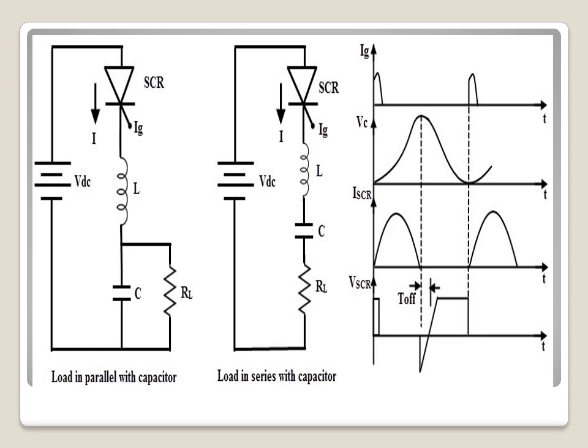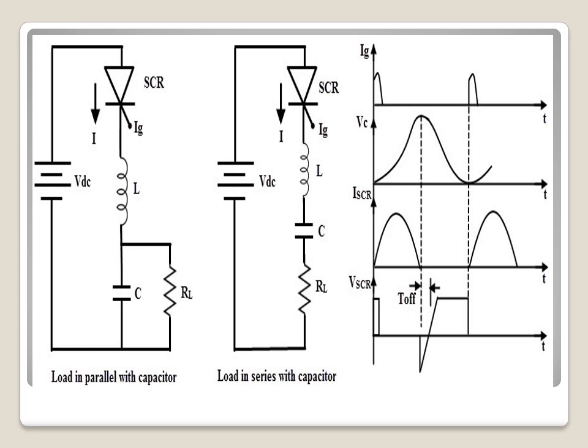So simultaneously the gate signal is applied, which will put the thyristor in forward conduction mode. We have already discussed that a gate pulse is necessarily required to turn on the SCR.